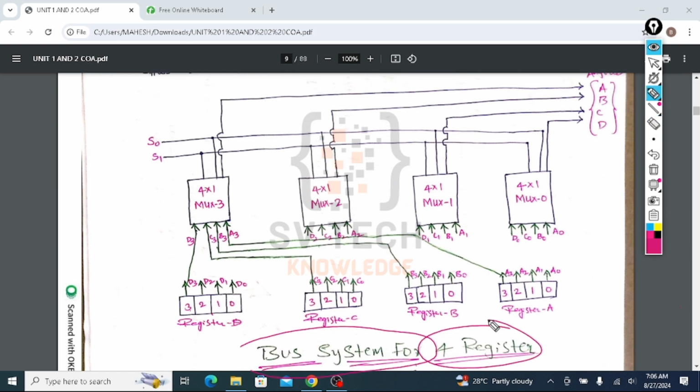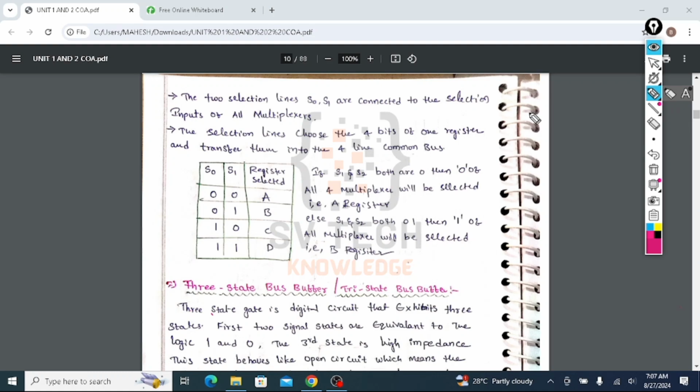This is a common bus system for 4-bit registers using 4-bit multiplexers. The same thing is explained here. The 2 selection lines S1 and S0 are connected to the selection inputs of the multiplexers. The selection lines choose the 4 bits of one register to transfer to the 4-line common bus.